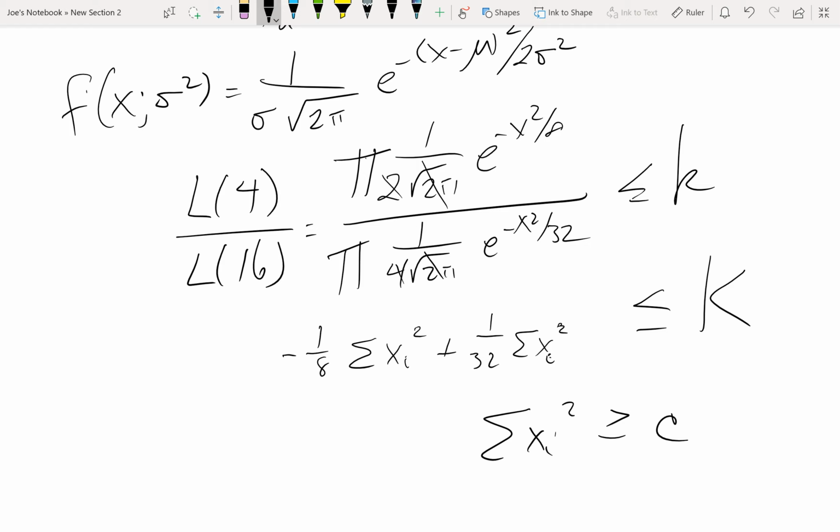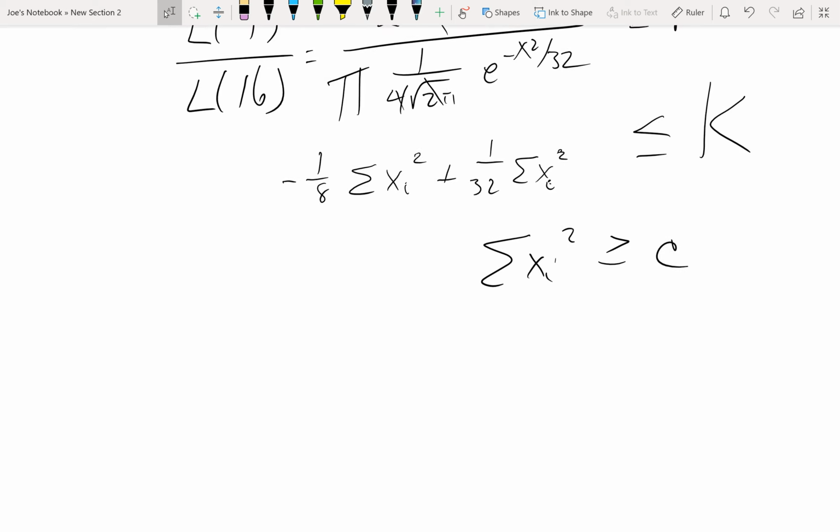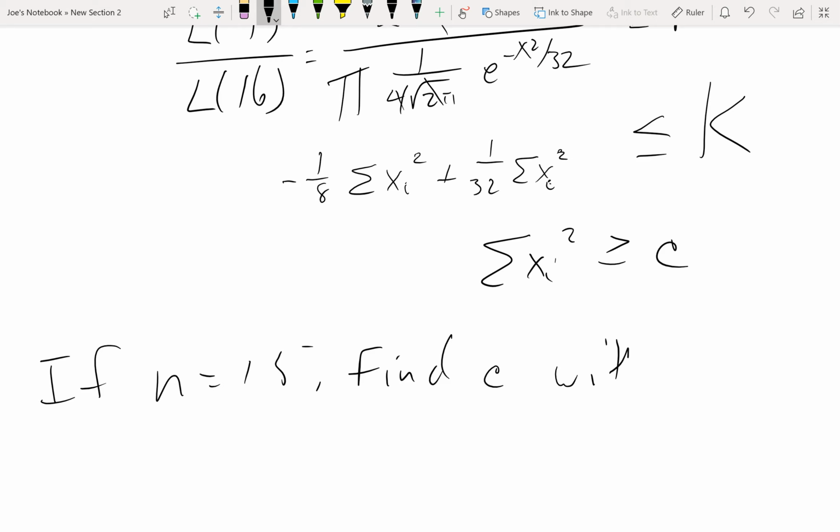So for part B of this problem, it says that if n is 15, we want to basically find the c. Because our critical region now is the sum of the squares is bigger than c, right?